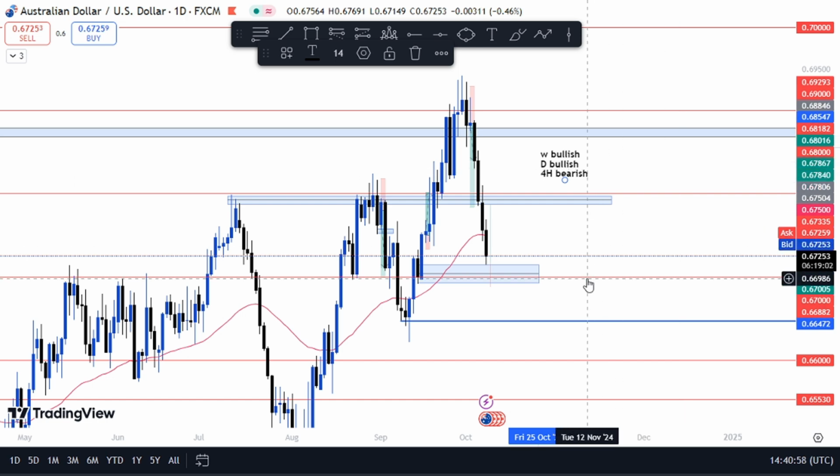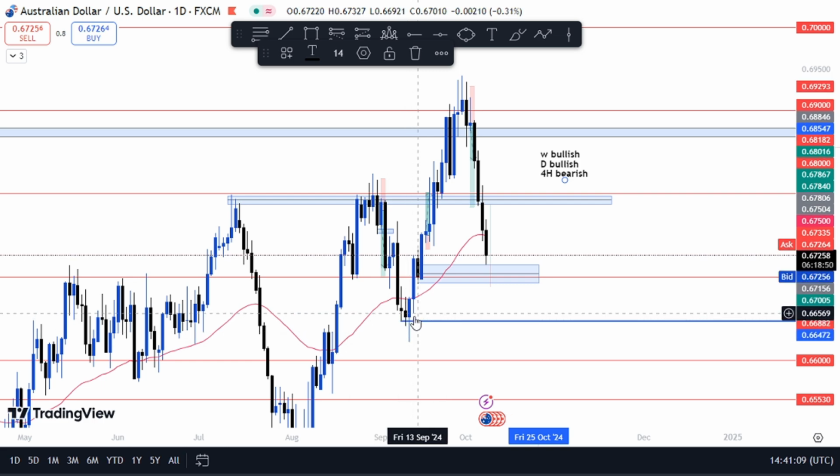And remember, if you don't know how to determine these directions, go back and watch my videos on market structure. As you can see, this structure has been broken to the upside by this low. So until this low is broken, we are bullish on a daily time frame. So keep that in mind.